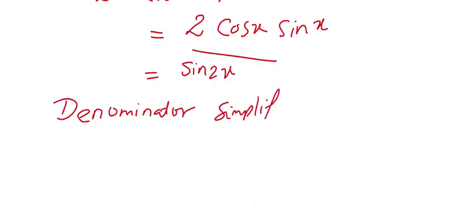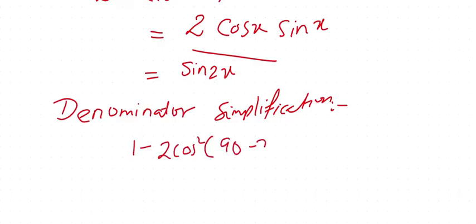So in the denominator, we have 1 minus 2 cos square(90 degrees minus x). I'm going to simplify it using the cofunction identity. What is the cofunction identity? Let's discuss over here.